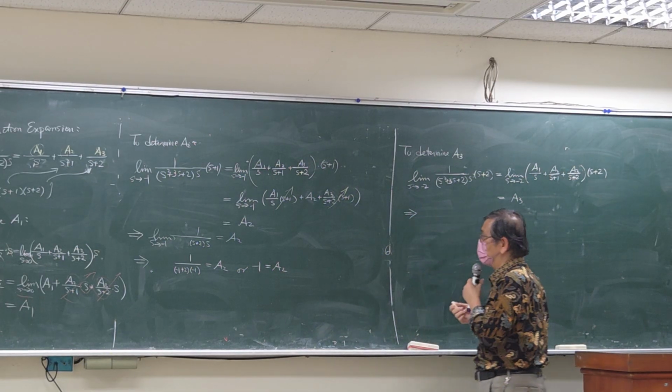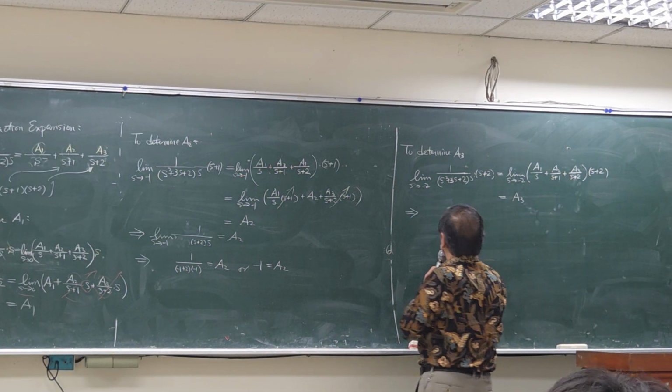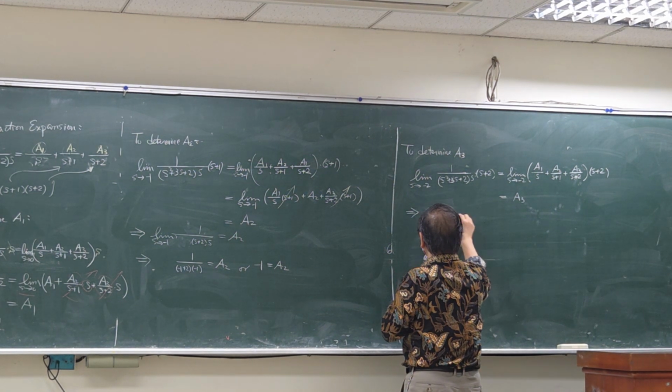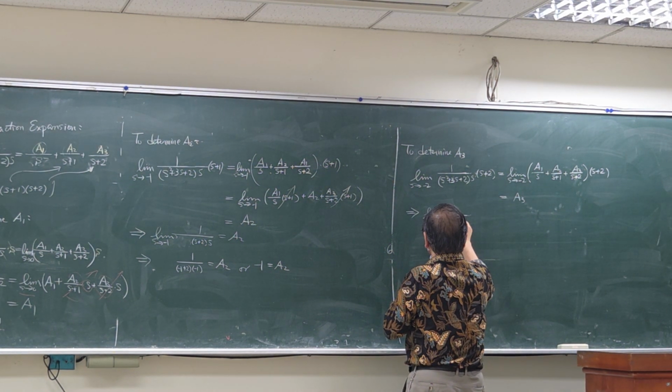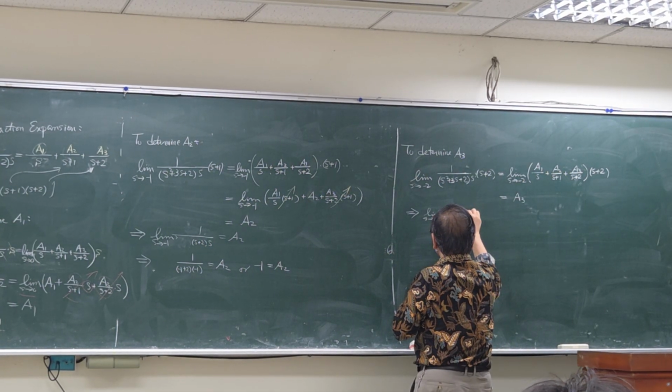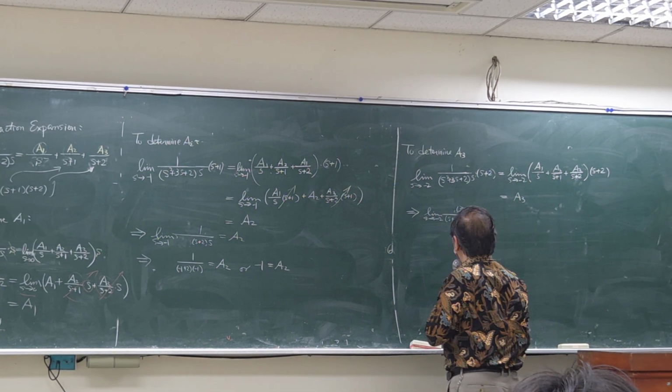And what about the left hand side? That's equal to the limit s approaching negative 2 of 1 over s times s plus 2.